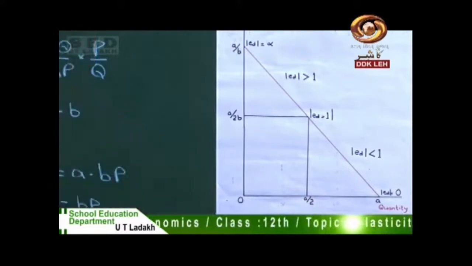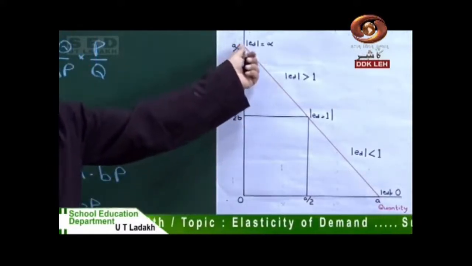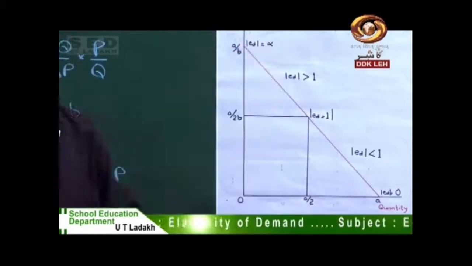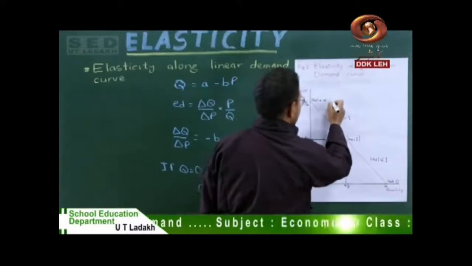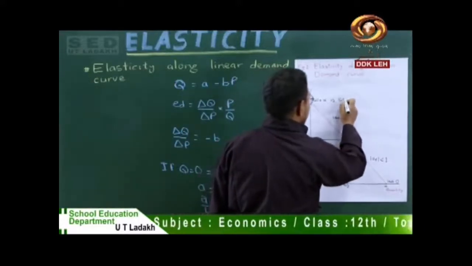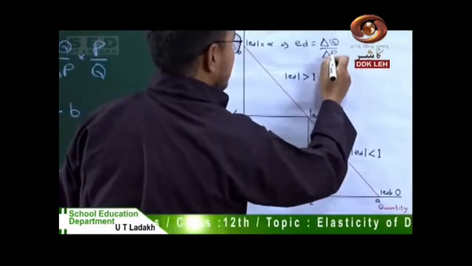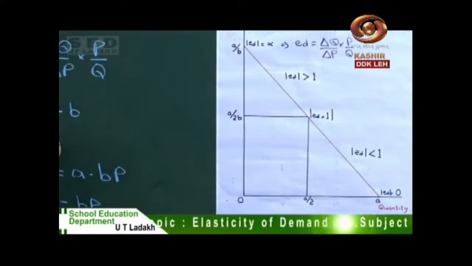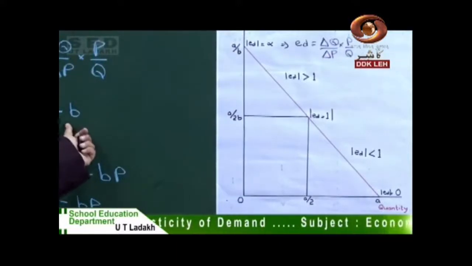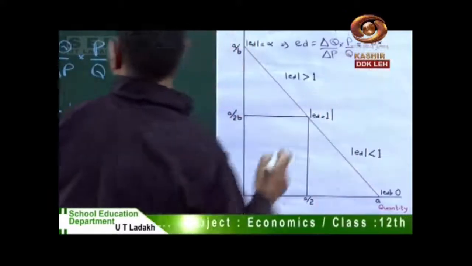Now here we are calculating elasticity at different points. First is elasticity at this point. It will be infinite. How will it be infinite? Because here I can use this. So ED is simply delta Q by delta P into P by Q. Now we know that delta Q by delta P is equal to minus B. And what is the value of P?